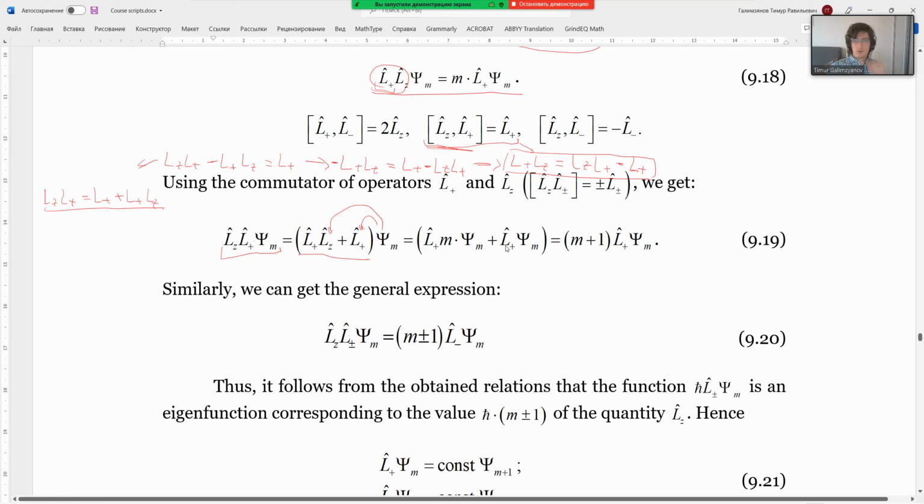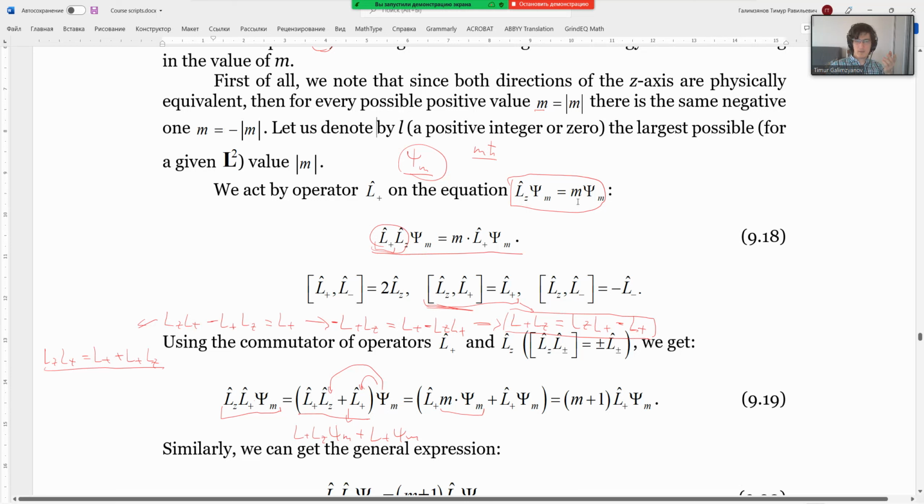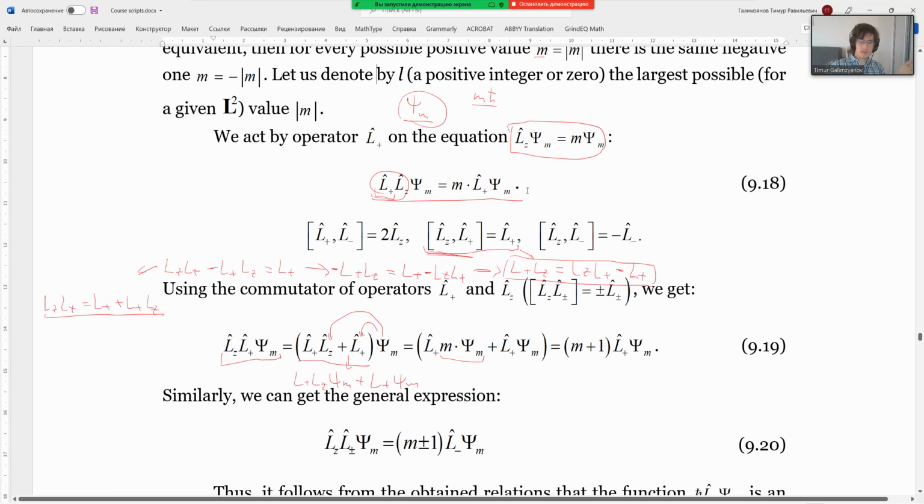Let's do it more. This leads to L plus Lz psi m plus L plus psi m. However, Lz psi m equals m times psi m, because psi m is the eigenfunction of the operator Lz.